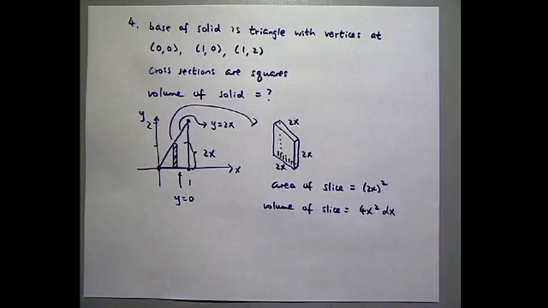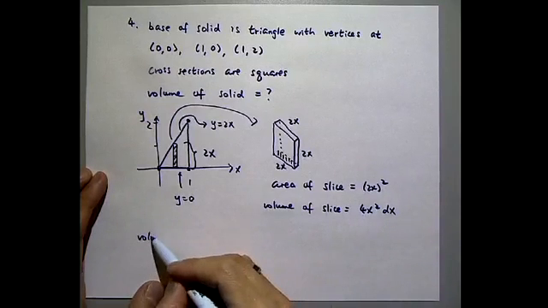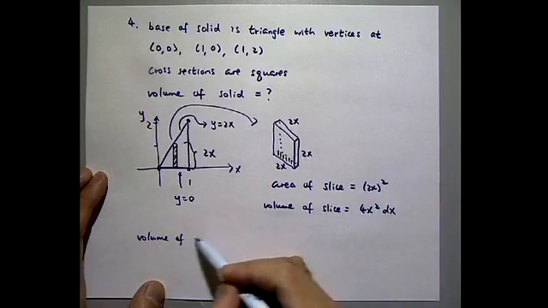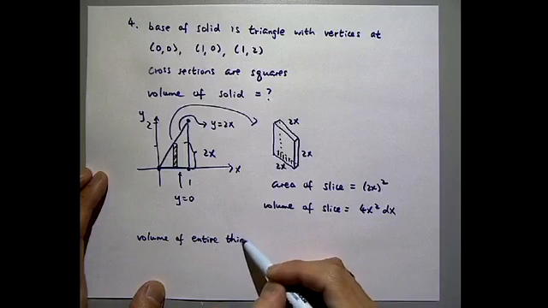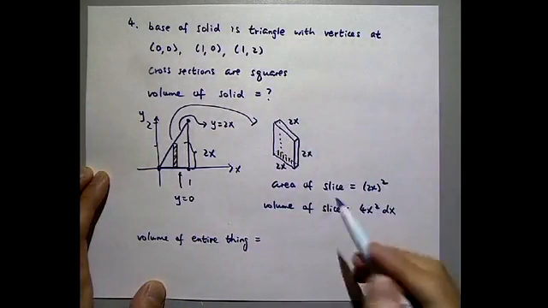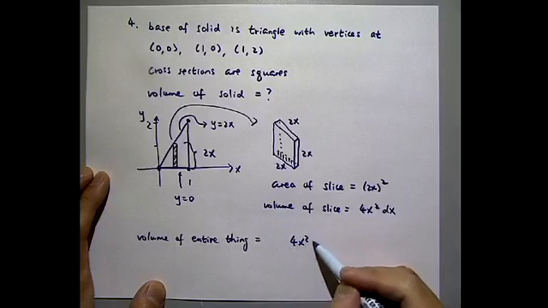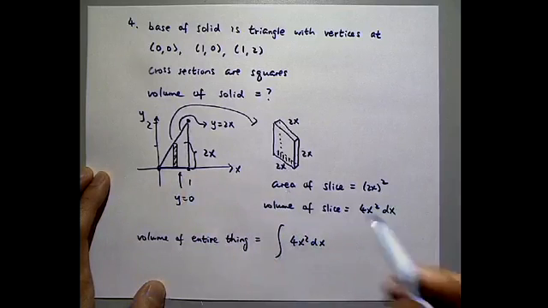That's the volume of one slice. And finally, to find the volume of this entire thing, you take the slice volume, and then you integrate from the beginning to the end, 0 to 1.